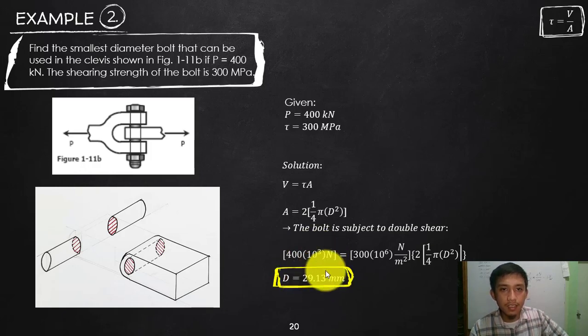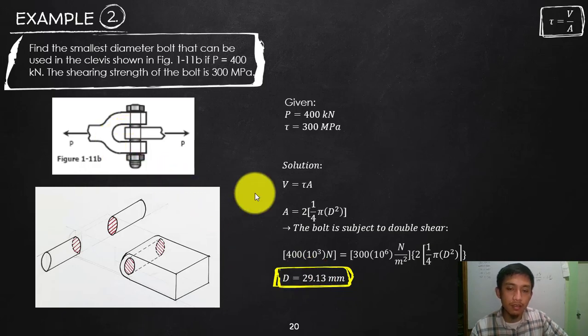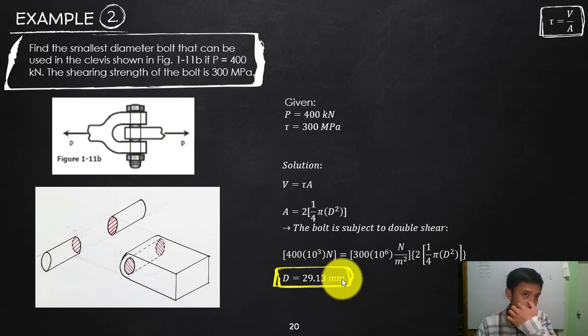For the joint not to break, you need to use a bolt with shearing strength of 3000 megapascal and a diameter of 29.13 at least, because you can use bigger than this. The bigger the stronger to carry the force, which is 400 kilonewtons. So this is the smallest diameter that can carry that shear stress. Okay, so that is number 2.